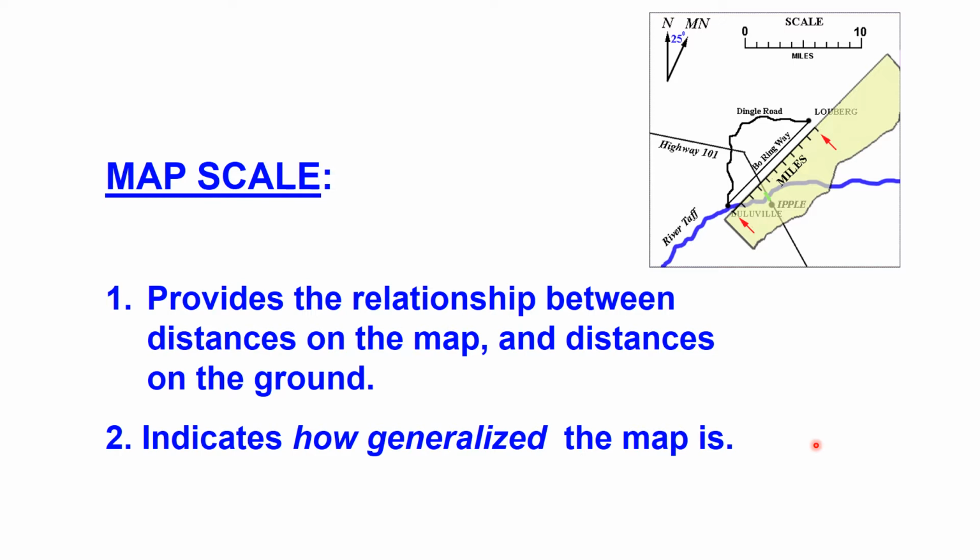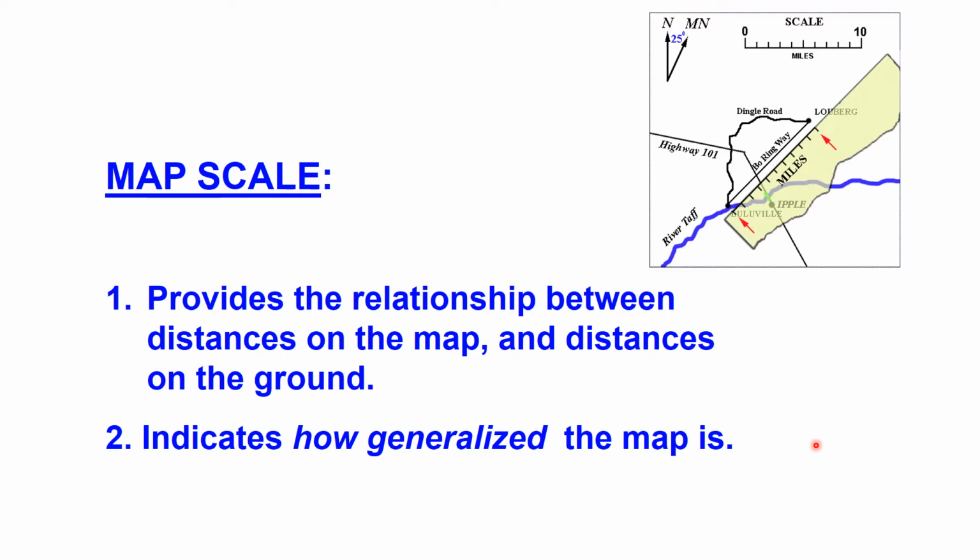You may have some familiarity with this when you're dealing with your cell phone maps, say your navigational maps. When you zoom in to a locale, you get more features labeled, more streets on there. But when you zoom out to cover a larger area, a lot of those labels, a lot of that detail disappears.